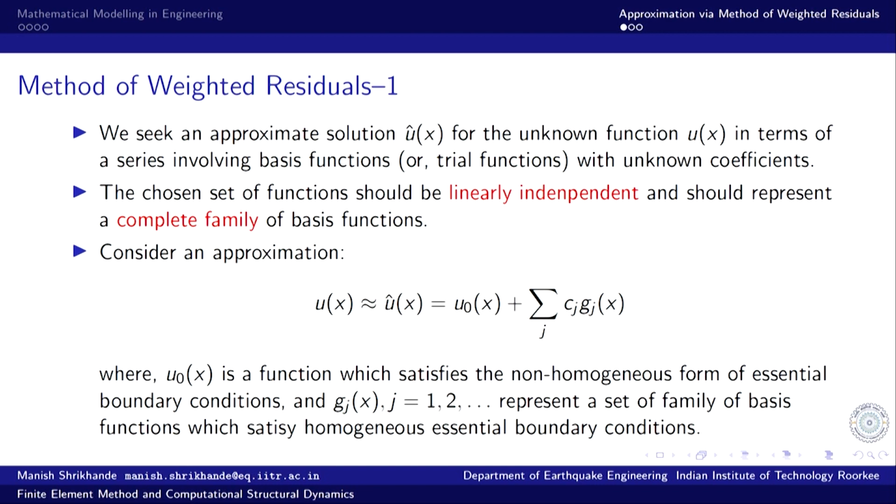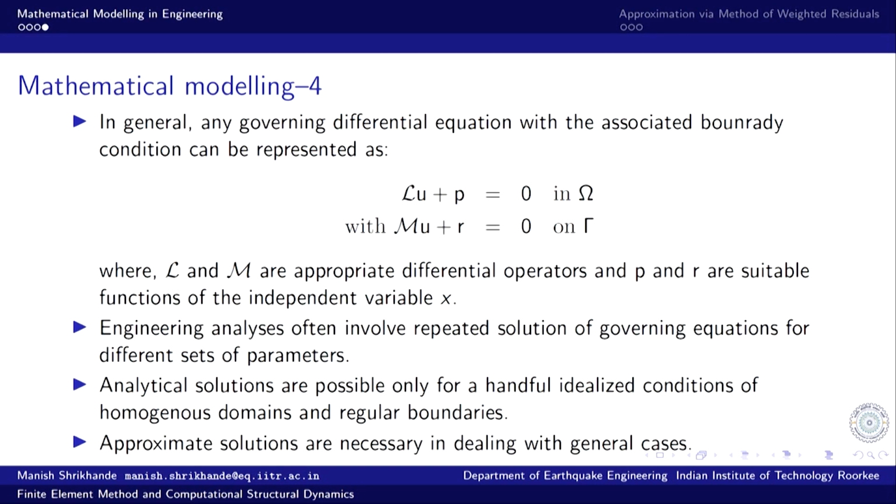So, the governing differential equation, that is Lu plus P, need not be equal to 0 all over the domain. The governing differential equation is Lu plus P equal to 0 in omega.